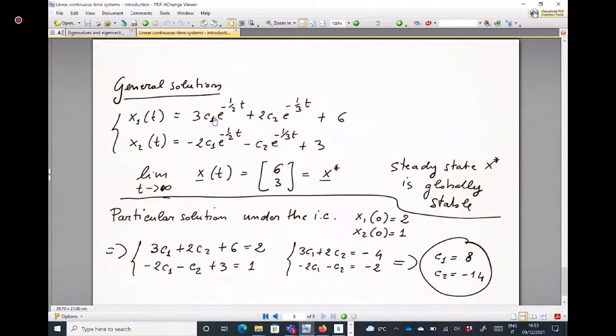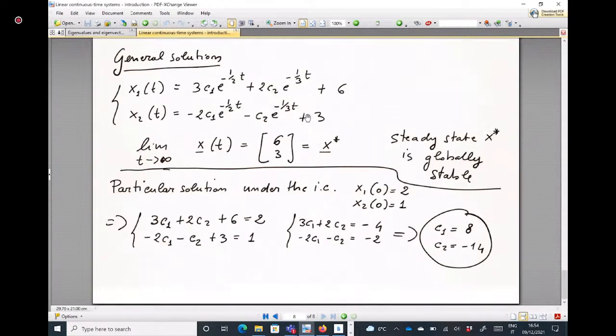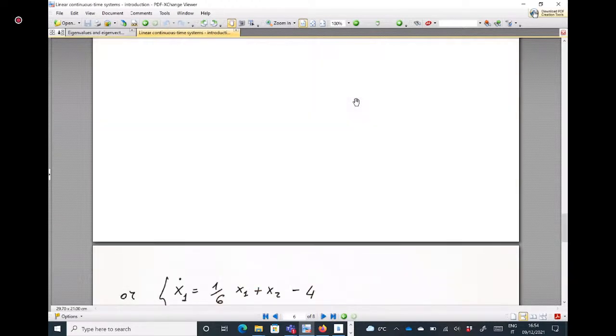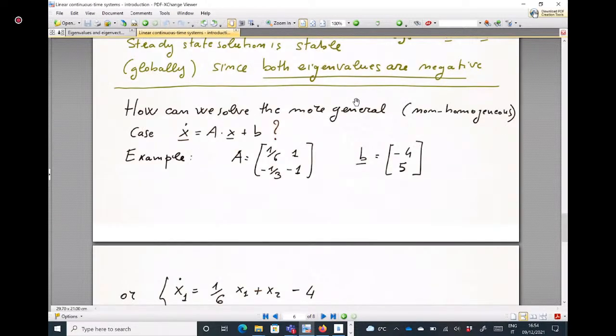Anyway, also when one is negative and the other is positive, there is some kind of stability, some very special case of stability, which is called saddle path stability, which is what I'm going to show you in the next slides. So basically, there is nothing new except that we have a new example of a dynamical system in which one eigenvalue will be positive, the other will be negative, and I'm going to show you what will happen in this case.